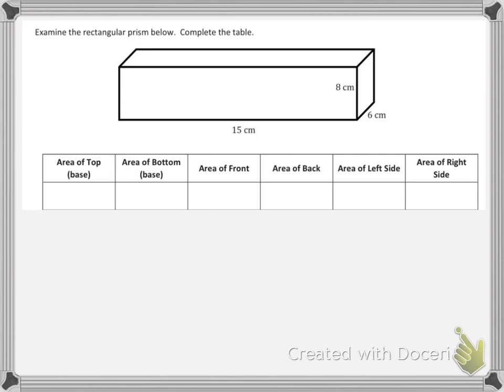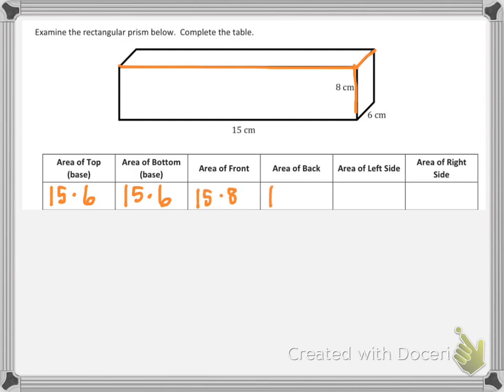And the area of the top is going to be a 15 centimeter by 6 centimeter rectangle. So the area of the top is going to be 15 times 6. And we know that the bottom is going to be the same thing, so that's also 15 times 6. And then the area of the front is a 15 by 8 rectangle, so that's 15 times 8.